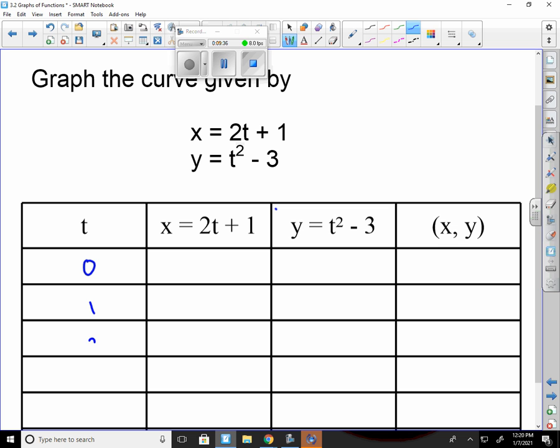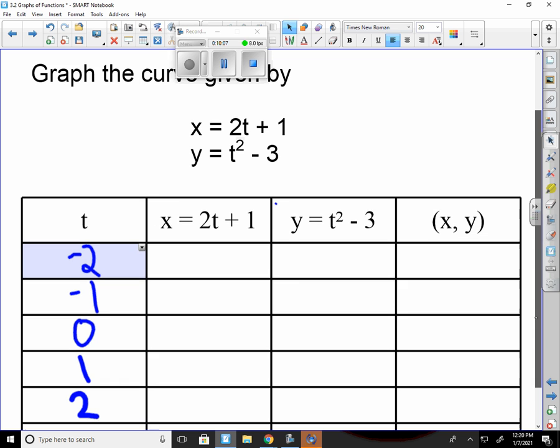0, 1, 2, and I could actually do -2 and -1, and start with those values.